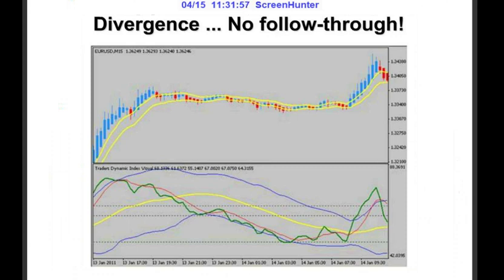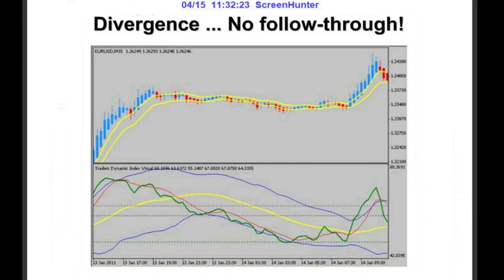Let me repeat. The red line on a 15-minute chart represents the green line on the 1 hour. Now the yellow line on a 15-minute chart represents the green line on the 4-hour chart.